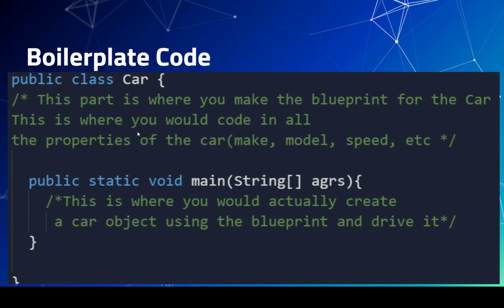And that is basically what a class looks like if you're actually looking at the code. So there would be like String model right here, or int speed, or String make, or whatever would be in there.